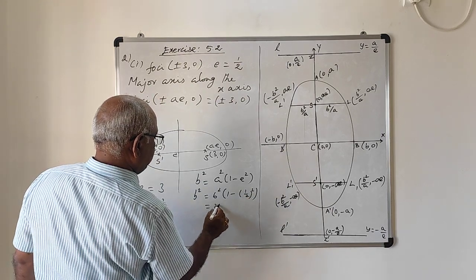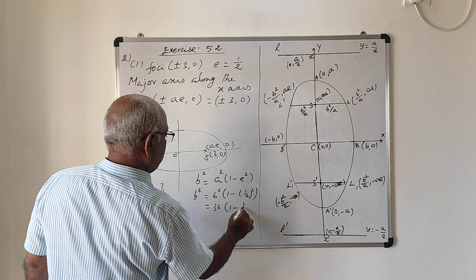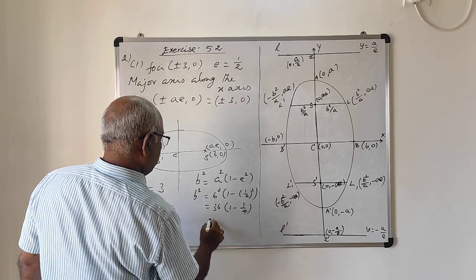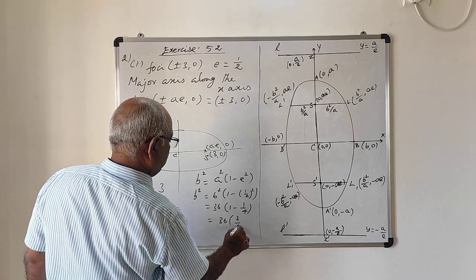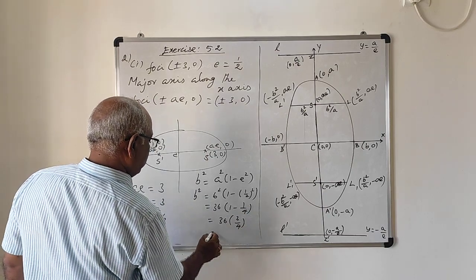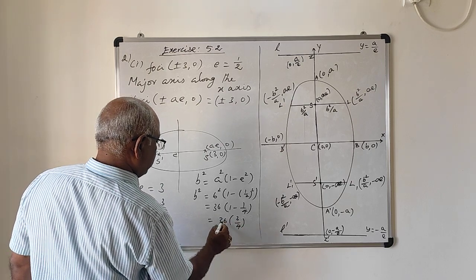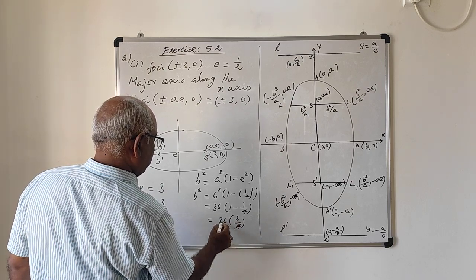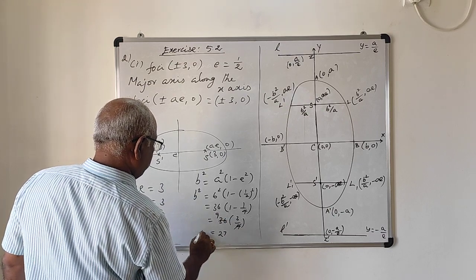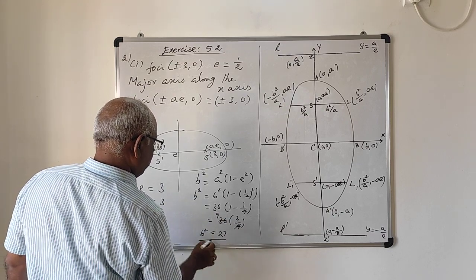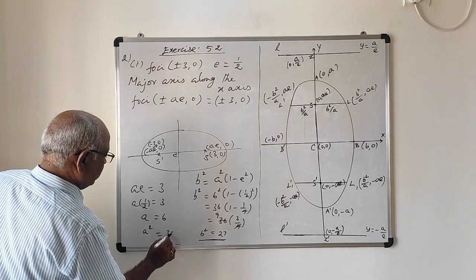That is 36 into 1 minus 1 by 4, that is 36 into 3 by 4. 9 4s are 36, 9 3s are 27. So B square is 27. A is 6, A square is 36.